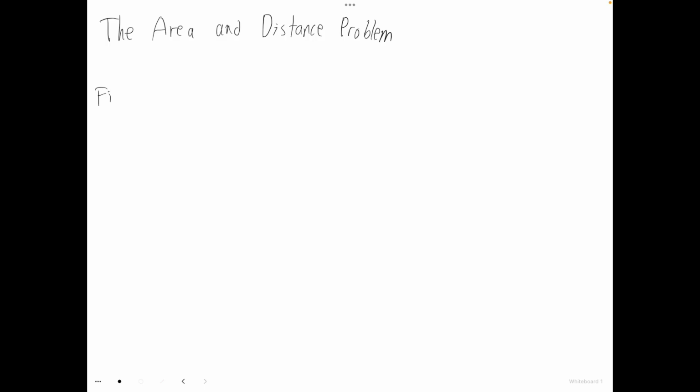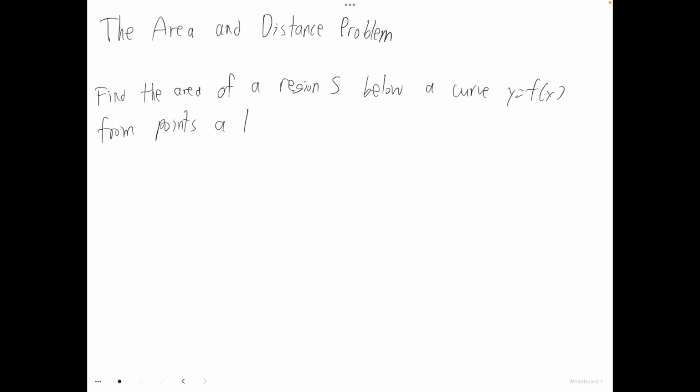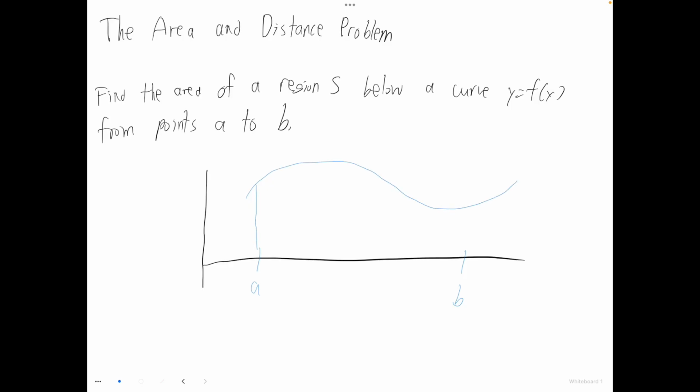So what we want to do is find the area of a region S below a curve y equals f of x from points A to B. Graphically, we've got some function here, and we've got some point A over here and some point B over here, and we've got this curve, and we want to figure out the area of the region between these.